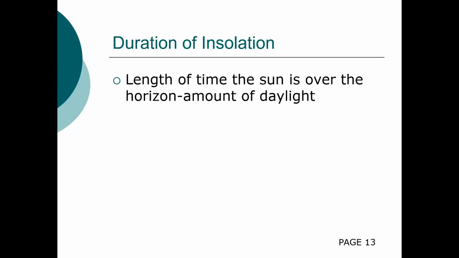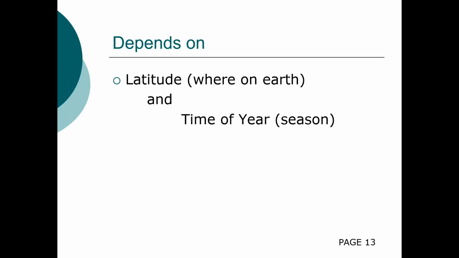So for duration, did we write this part? Length? Okay, so then we got latitude. Depends on latitude and time of year. Page 13. So by time of year, I mean different seasons.